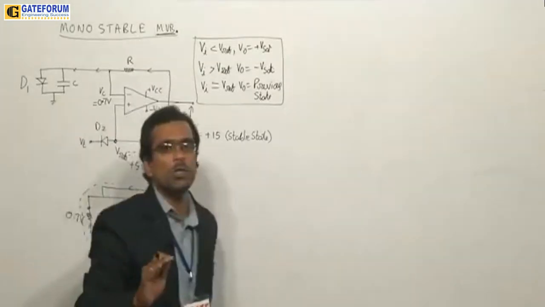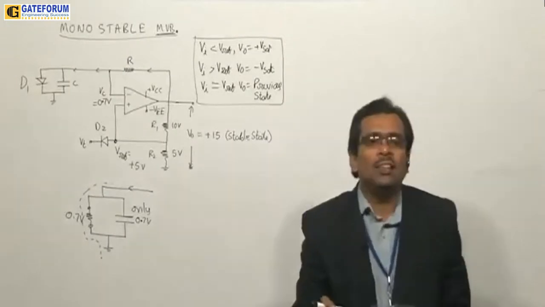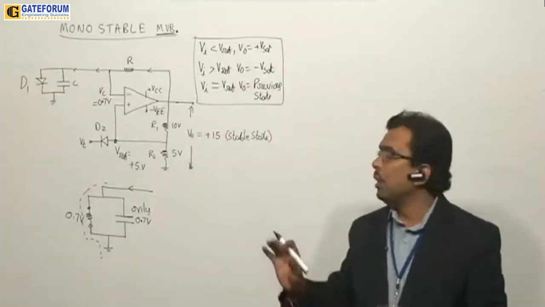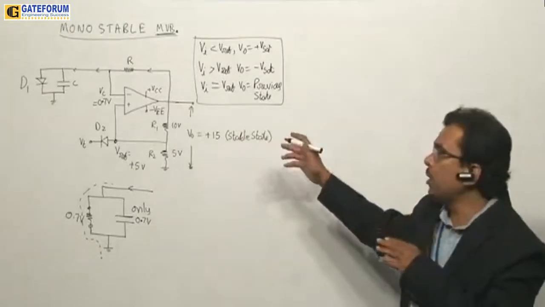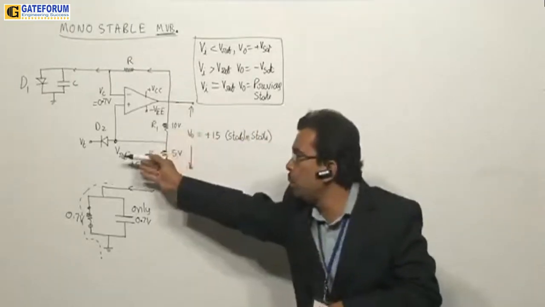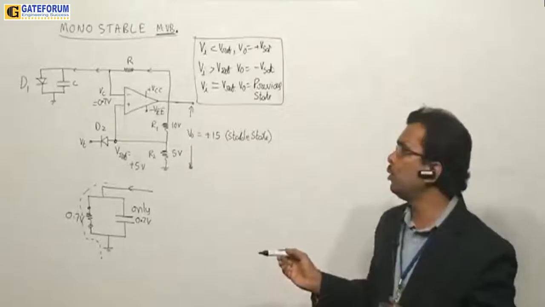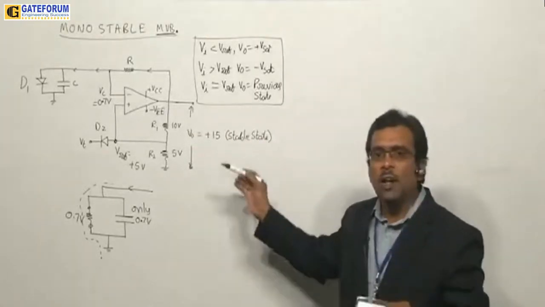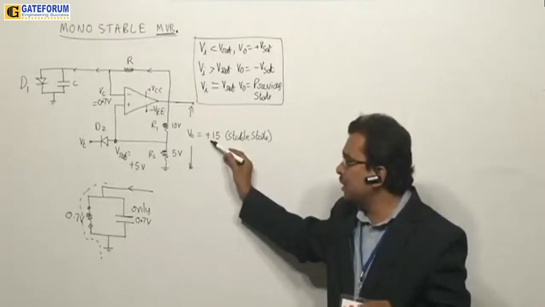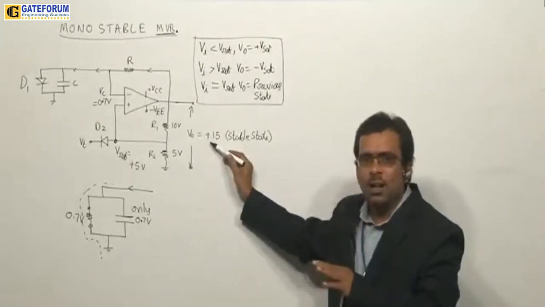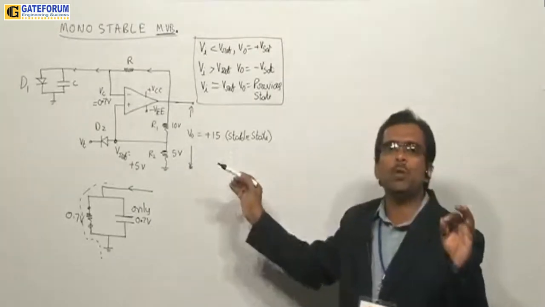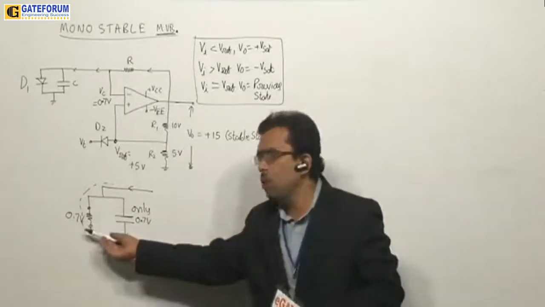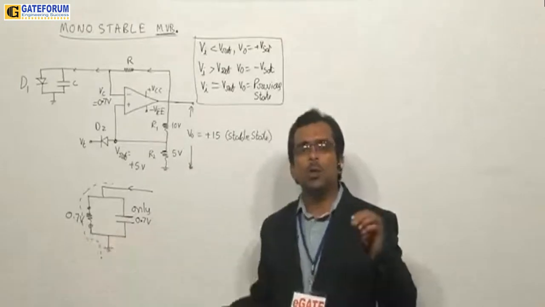Now how long will this circuit continue this operation? As long as you don't give any input here, the circuit is not going to change its state. It will remain in this state only. Why? Because as long as this output is at plus 15, the capacitor will never get an opportunity to charge more than 0.7, because the diode is always forward biased.